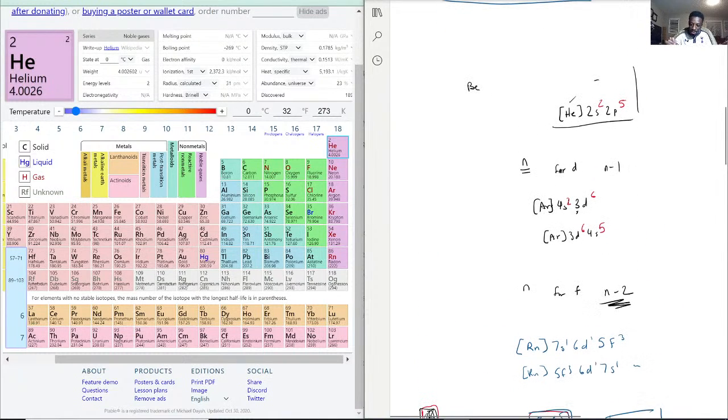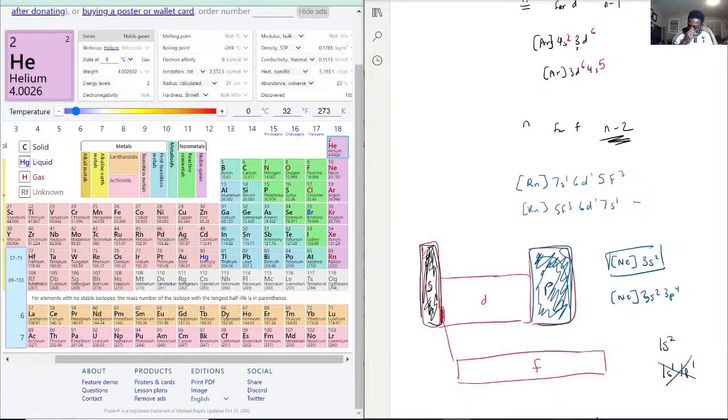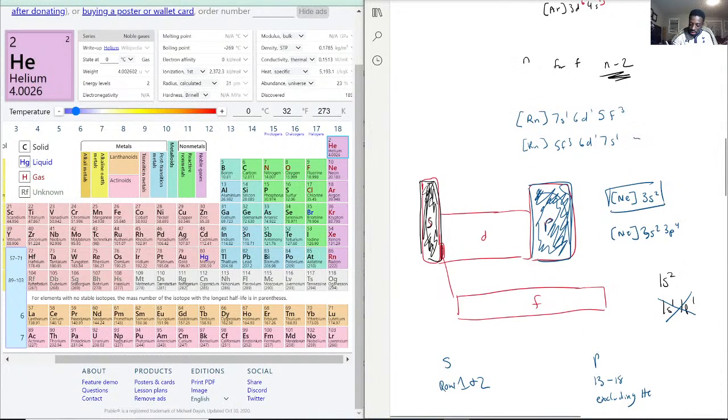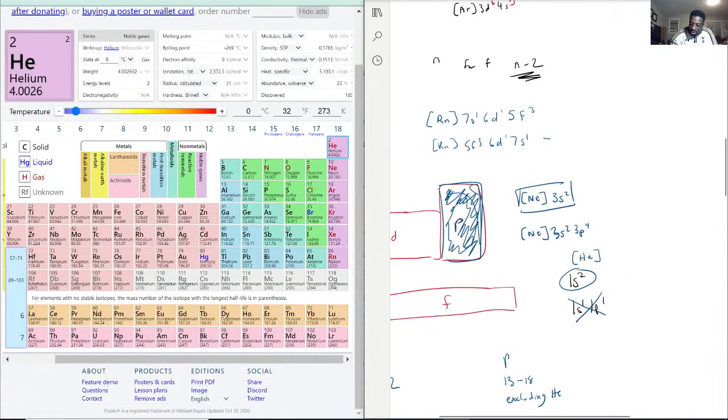I did write it. There we go. Nope, that's for fluorine. Well, let's just write it down again. So this one here is an example of helium. It's just 1s2.